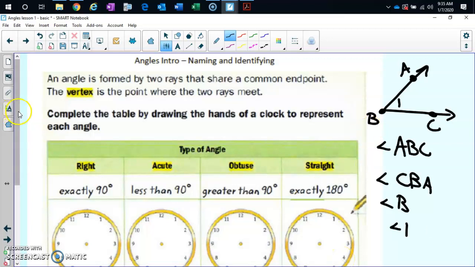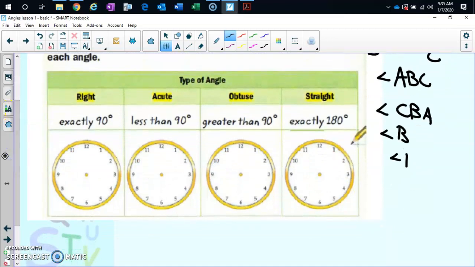Now, there are 4 classifications of angles based on their degrees. A right angle is exactly 90 degrees. Now, you should be drawing this in your notes. If I drew a right angle on that clock face, it would be from 12 to 3.